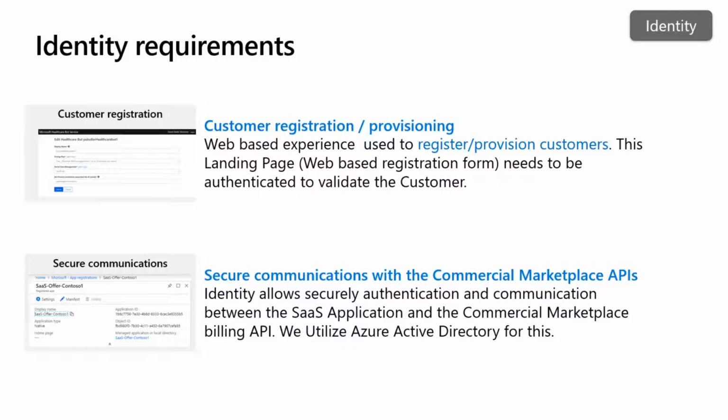So if you think about enabling your solutions for marketplace, those are really the two big parts that you need to make sure you have under control. We utilize Azure Active Directory to perform those two authentications. Your solution itself doesn't have to implement Azure Active Directory. It's just for these core pieces, right? Make sure that the initial customer registration and provisioning is authenticated, and then make sure that the communication between the APIs is also secure and authenticated.